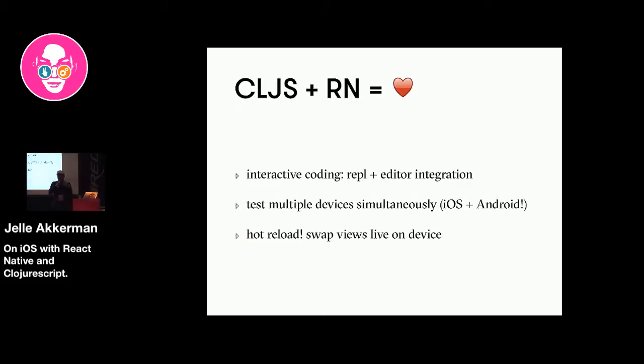Let's merge them together. Let's take this cool platform called React Native and try to do some Clojurescript on top of it. So what do we get extra having these two coming together? So at the heart of Clojure, there's this concept of interactive development.